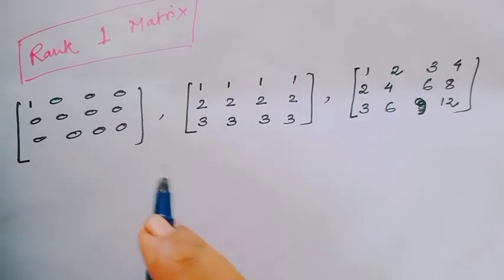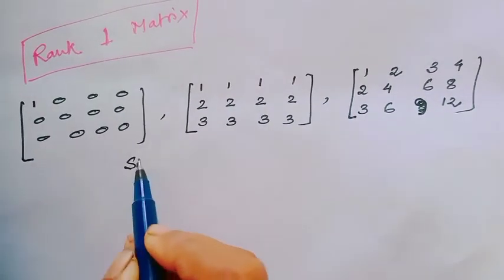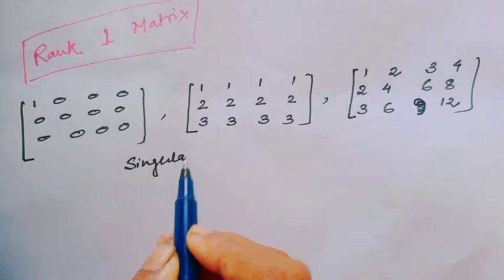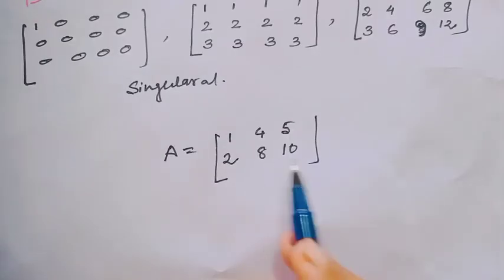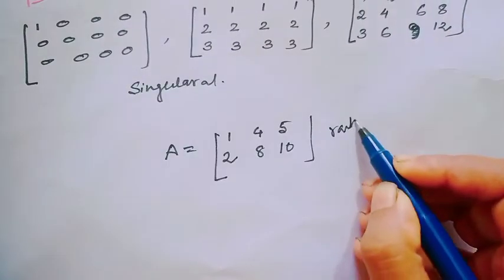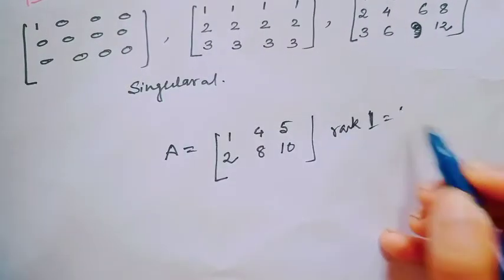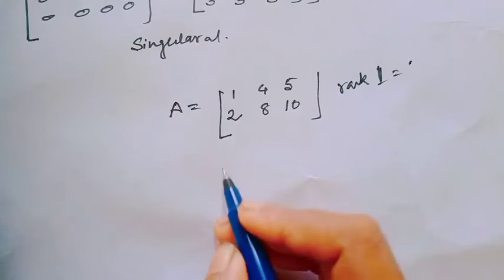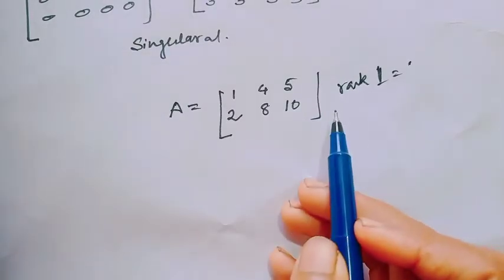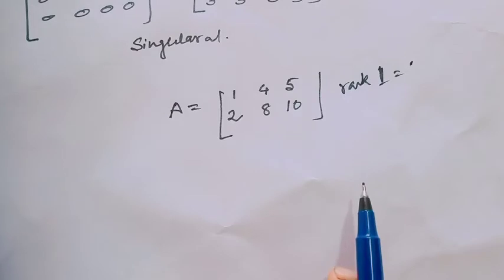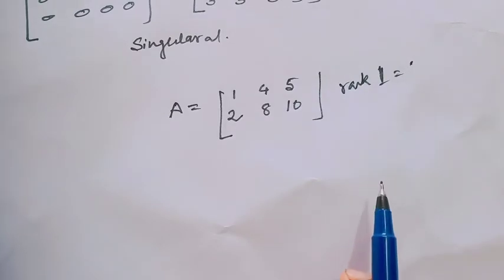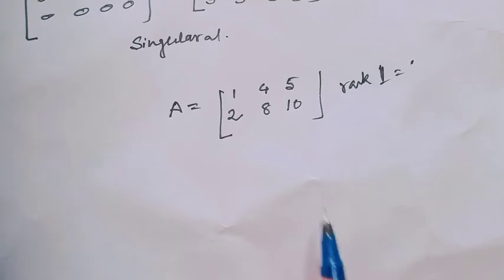Here a rank 1 matrix is always singular. Now consider one matrix and notice obviously the rank of this matrix is 1. So here the dimension of the row space would be 1, and also the dimension of the column space would be 1, since rank is equal to the dimension of the row space and the dimension of the column space.